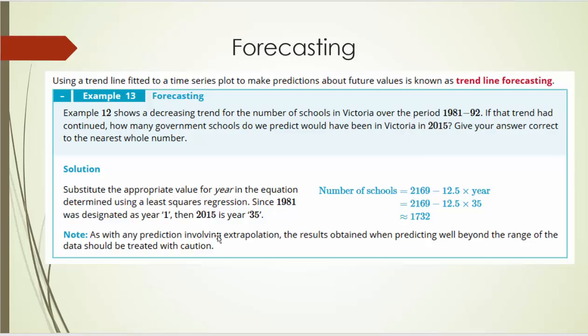Notice also it says at the bottom, this is involving extrapolation, which if you remember from earlier units is well beyond the range of the given data and so should be treated with caution. Who knows, a number of government schools might come under some new government policy and go up, not down.